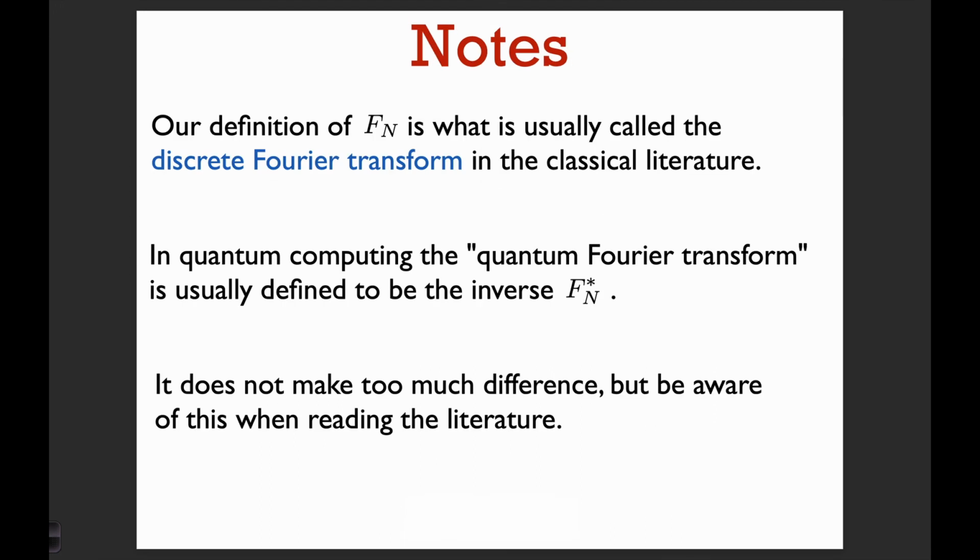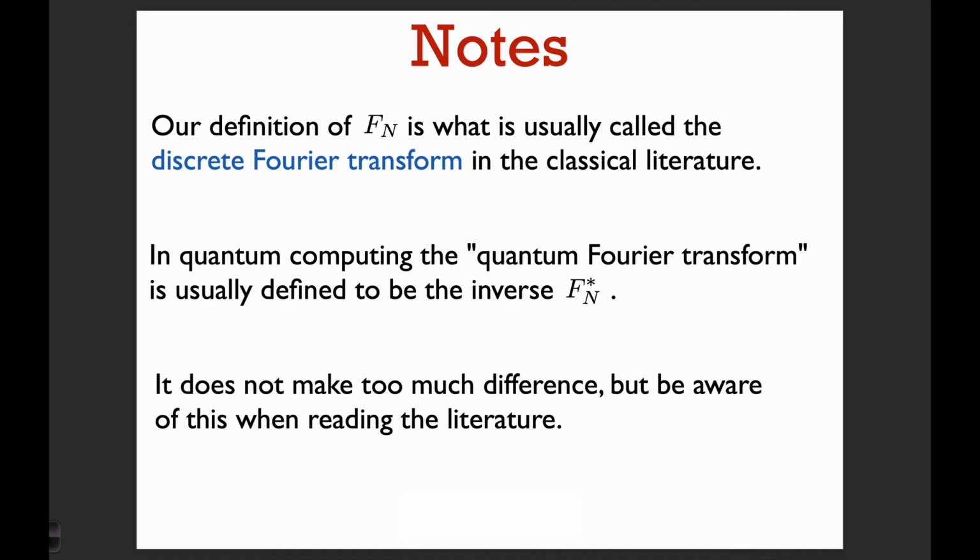Okay, so a couple notes about our presentation. So our definition of Fn is what's usually called the discrete Fourier transform in the classical literature. So the normalization might differ from what you see in the classical literature because we want things to be unitary. But basically, in classical literature, the Fourier transform is the matrix that transforms you from the standard basis to the character basis.